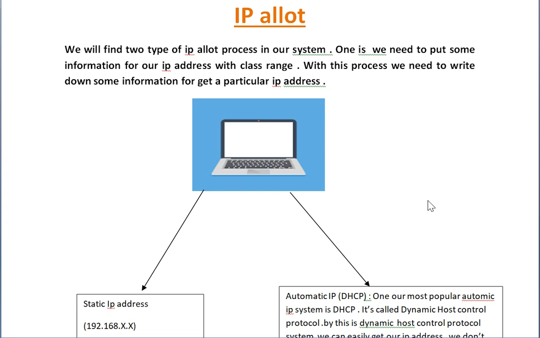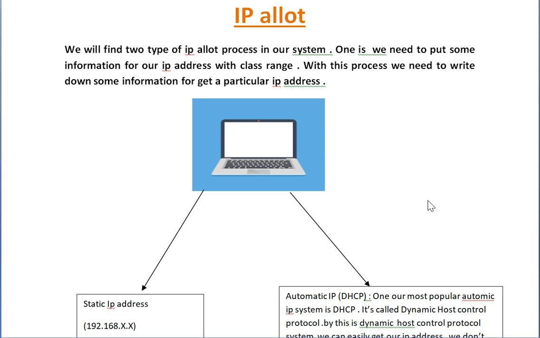This is the static IP option, but the other IP option is also very popular. When we install a DHCP server at our home, or if we have a broadband setup at our home, we don't need to write down our IP details on our system. The IP will be obtained through the DHCP server automatically.